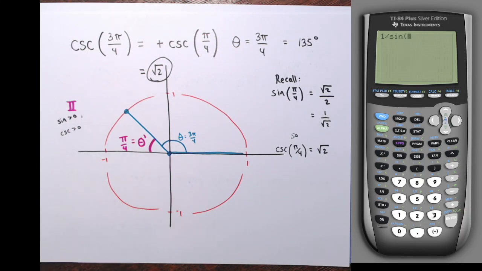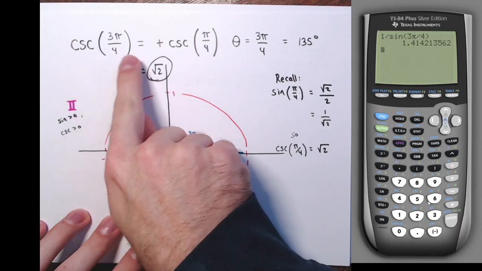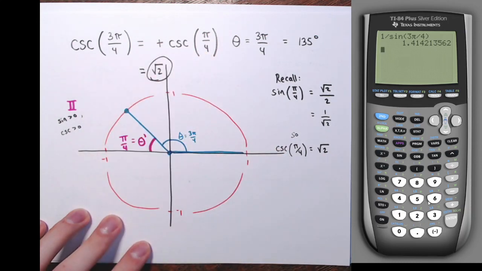And then in parentheses, 3 pi divided by 4. Those are my radians. And I get 1.414. Now let's see if what I said here was correct. It should be equivalent to the square root of 2. Let me type in the square root of 2 here. And it's exactly the same value.